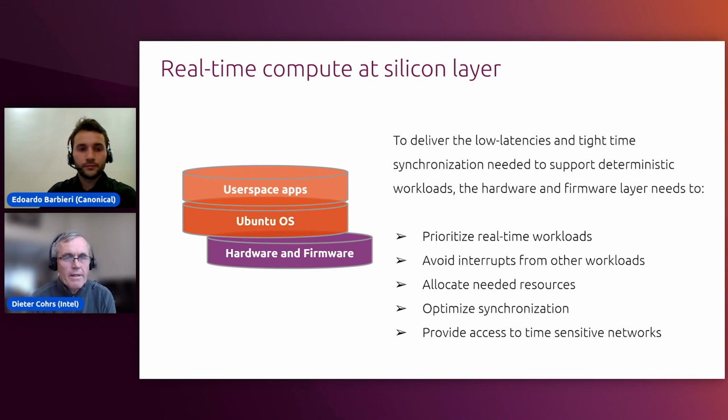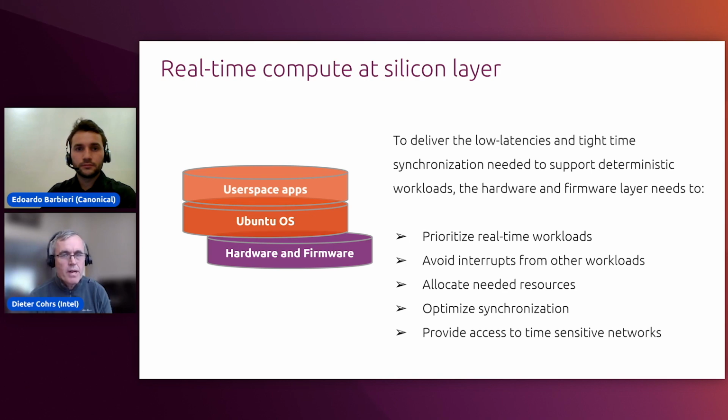So looking at real-time compute at the silicon layer, right? Eduardo already mentioned that the OS is one critical piece of delivering a real-time system, but there are needs in the user space as well as needs in the hardware and firmware layer, right?